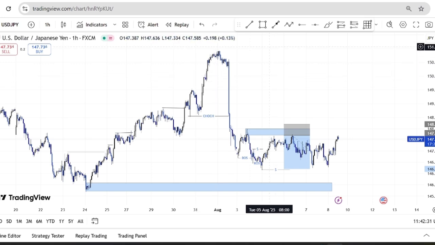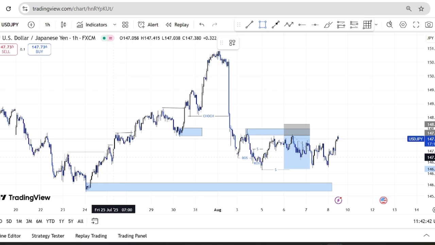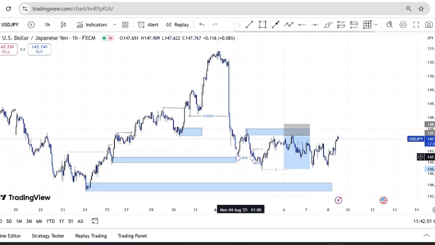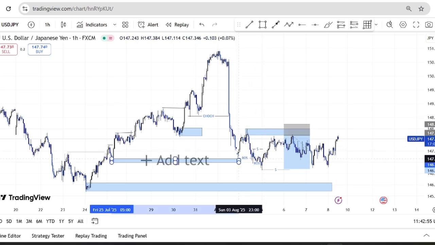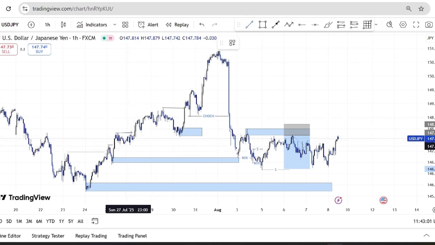At this point you see we have this other order block here. I saw this as an inducement, a clean order block at this point, a clean order block here, and you see the market tapped into that order block nicely.